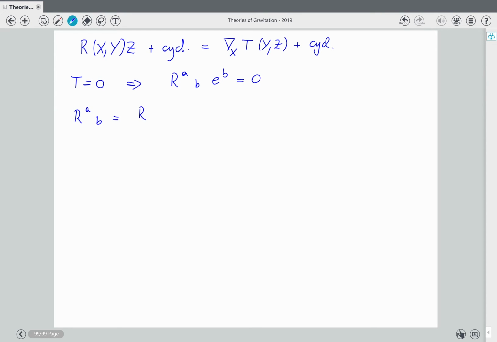so I can define coefficients that expand this, not in the basis dx^mu, because we don't want the space-time indices, but we could.